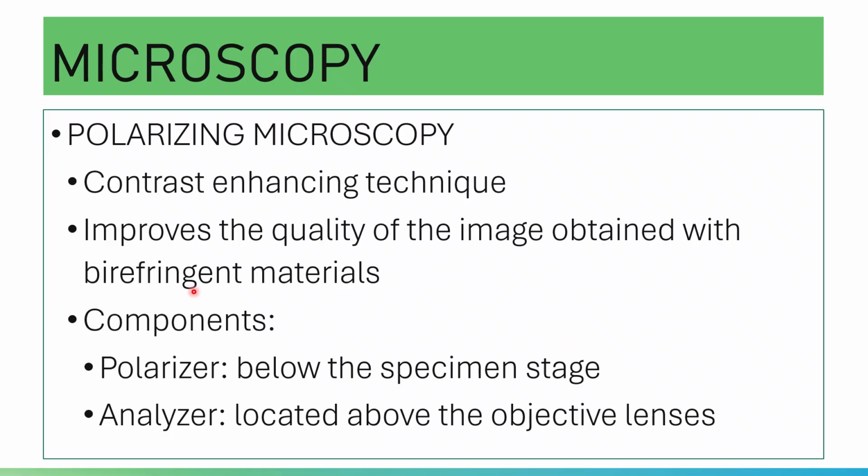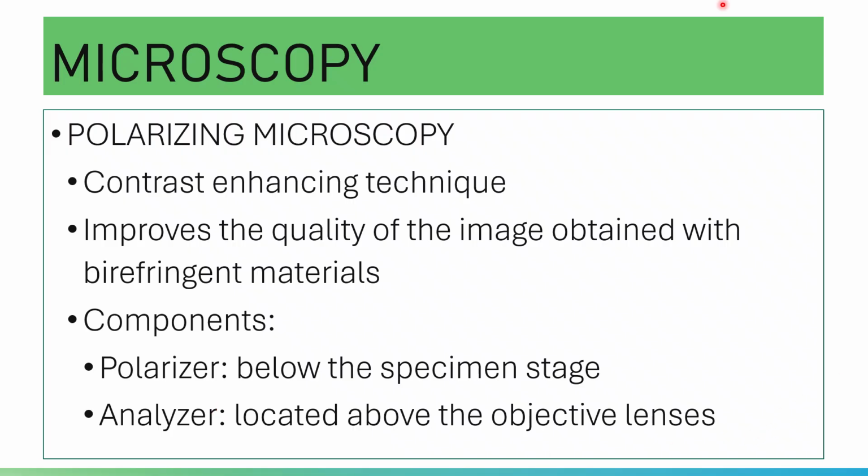So, in polarizing microscopy, your birefringent materials will rotate or alter the polarized light, allowing it to pass through the analyzer. By the way, when you say birefringent materials, those are materials with different refractive indices along different axes.